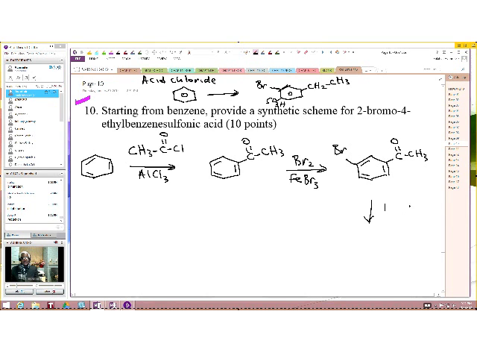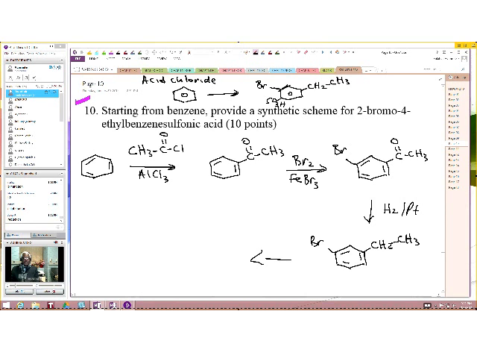So we do hydrogenation, using a catalyst, in this case you could use platinum. That will reduce the carbonyl of this ketone, which is attached to benzene, to a CH2. So bromine comes here, and then this becomes a CH2.